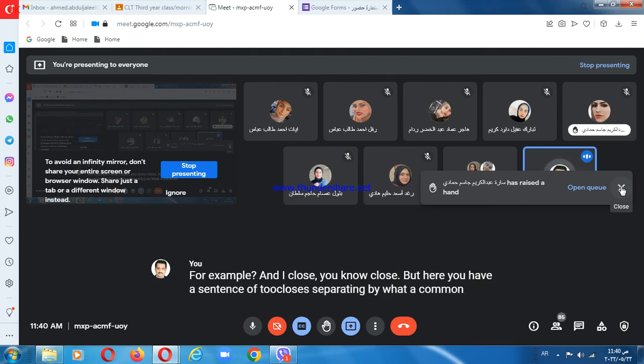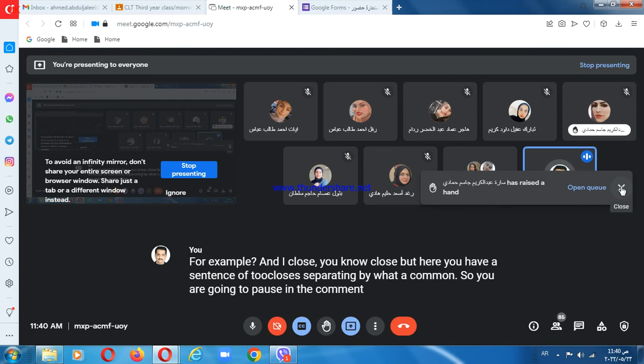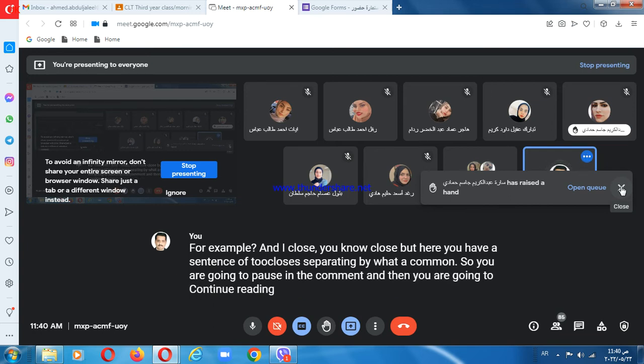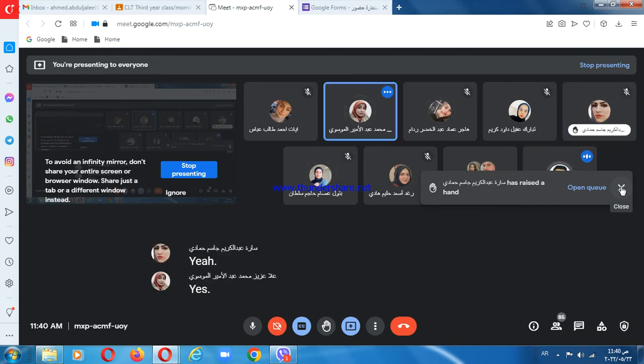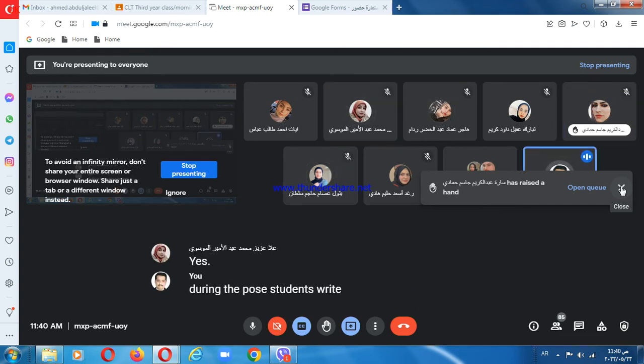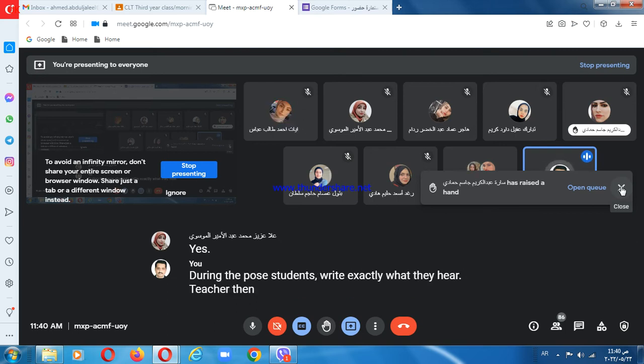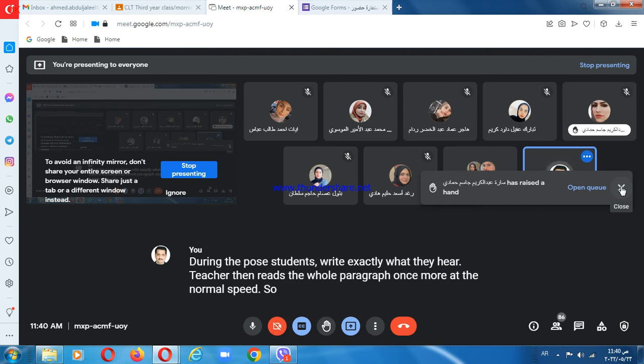So you pause at the comma, and then you continue reading. Get the point now? During the pause, students write exactly what they hear. The teacher then reads the whole paragraph once more at normal speed so students can check their writing.